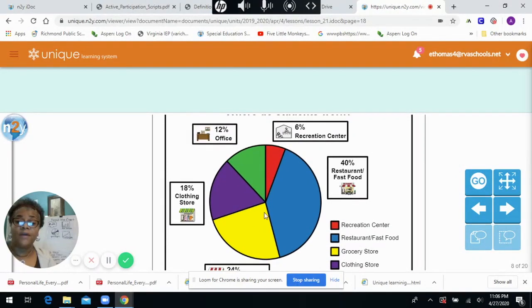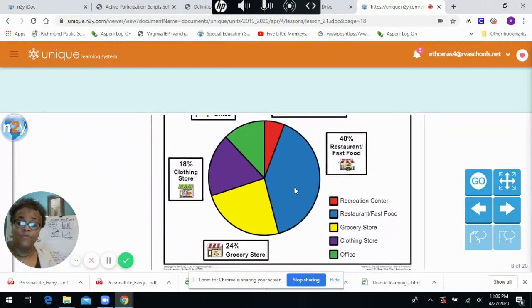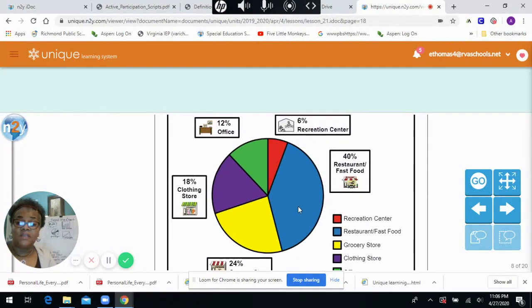So we have 40% of the students work in a fast restaurant or fast food. Only 40%. Then in recreation, we only have 8%. So we have a small piece for the recreation center.